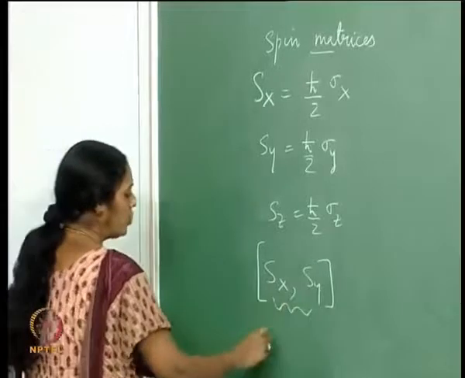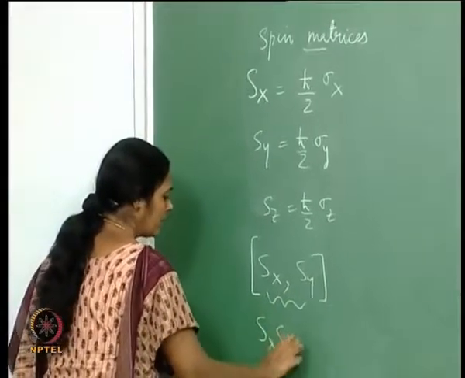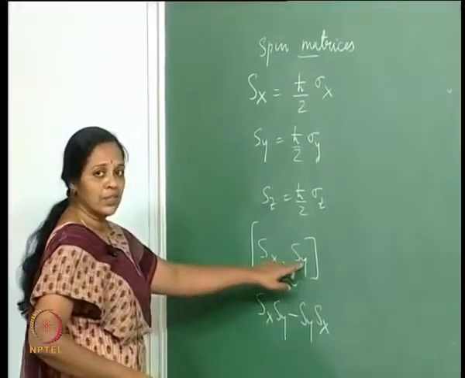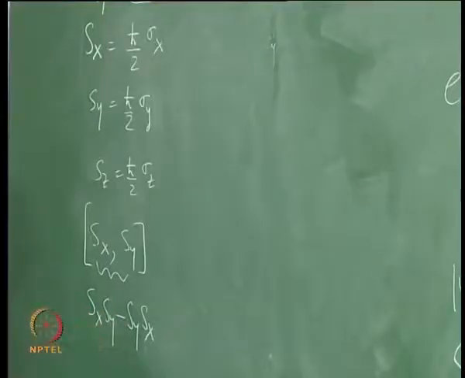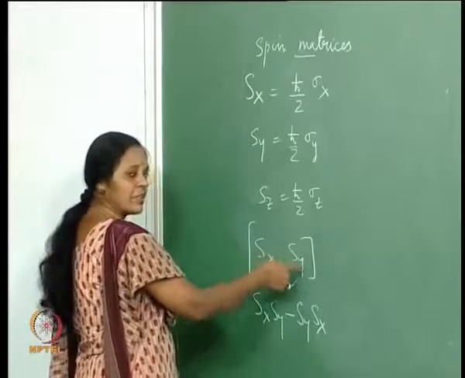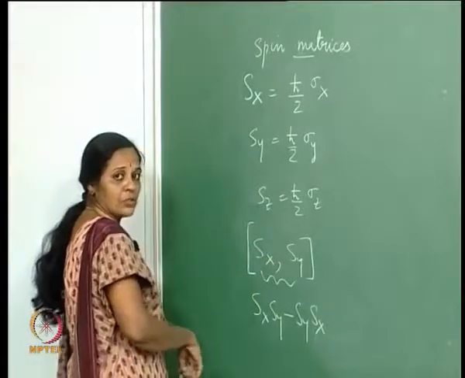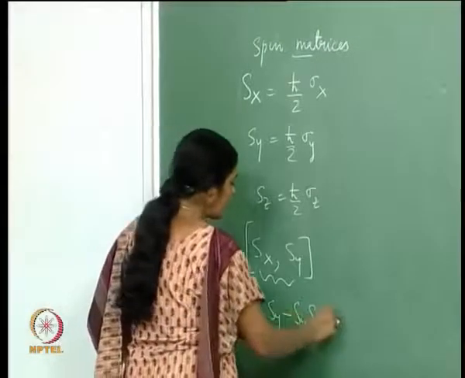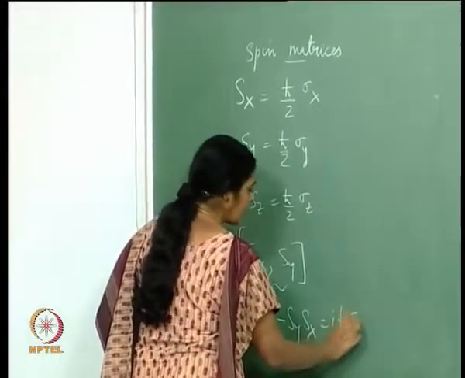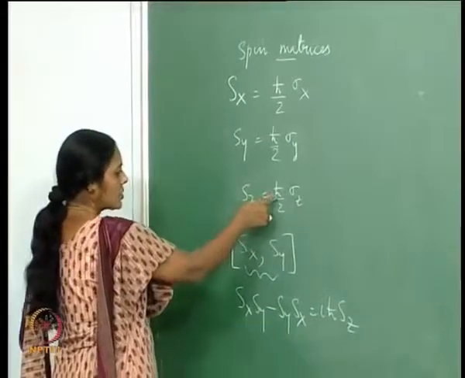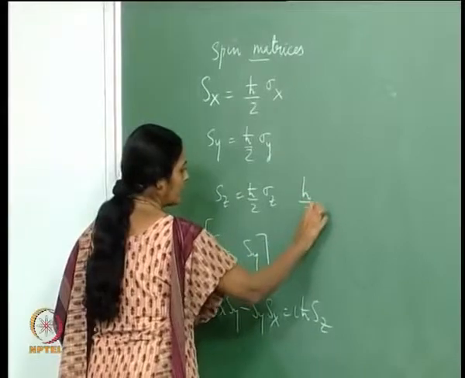If I find the commutator of Sx and Sy, the commutator is this. By definition, the commutator of A with B is AB minus BA. Remember, these are matrices, so Sx Sy is in general not equal to Sy Sx. If I find this commutator, I can show that it is i h cross Sz, where h cross is h by 2 pi, the Planck's constant.